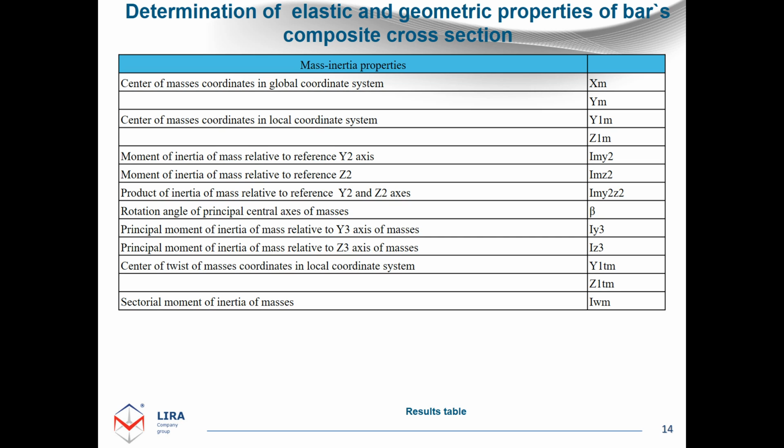Since a cross-section can be formed from a great number of materials, the stiffness center and center of mass can be mismatched. As a result, quite a lot of mass inertia properties are also obtained. All of them can be seen on this slide.